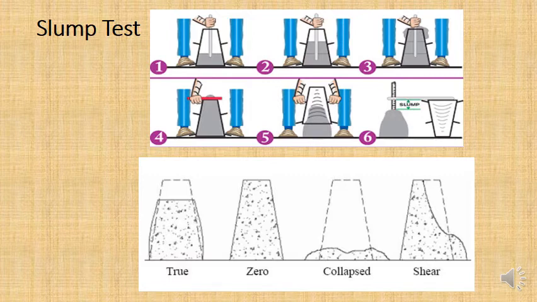Now, when he does that, the concrete is going to slump. And he's going to measure this, he's going to have to use the cone and a steel rod, and then measure the distance between the horizontal steel rod and the concrete.